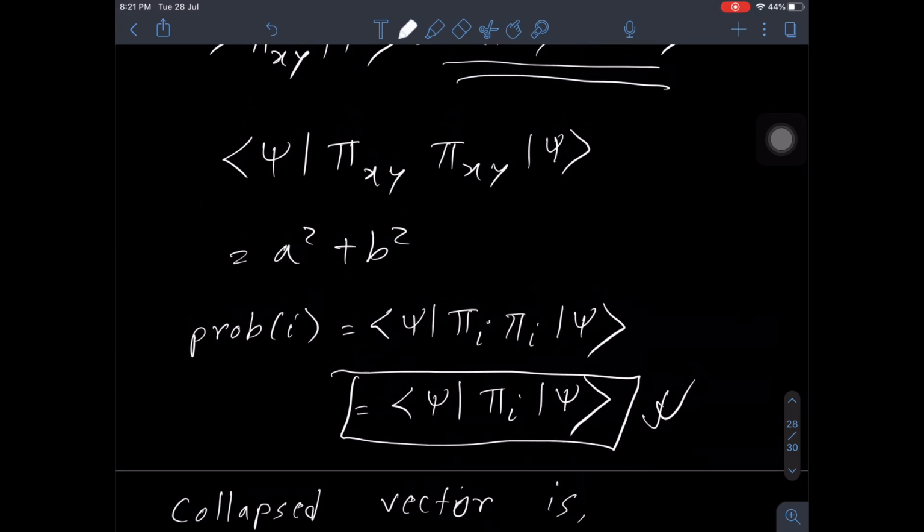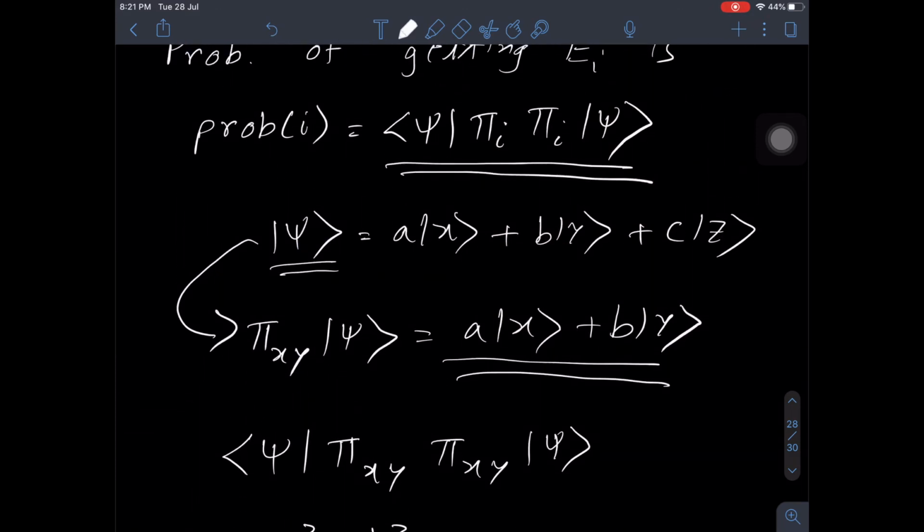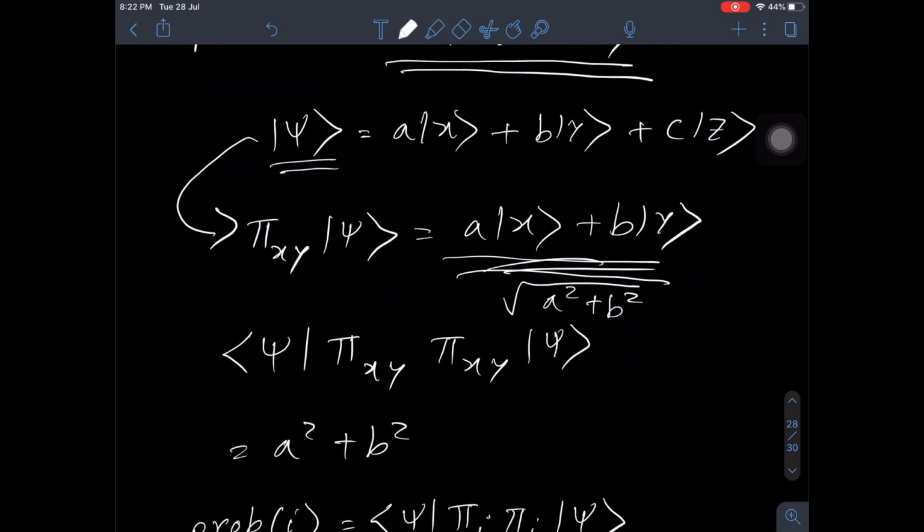So if you are given this vector, your collapsed vector will be this one, but it will be divided by square root of a square plus b square. All right, then it is normalized.